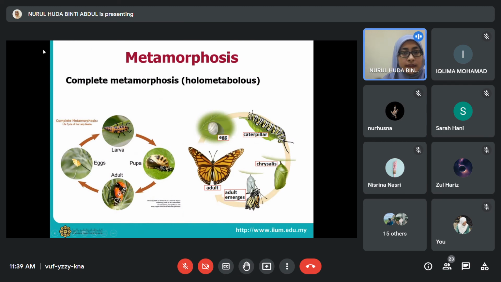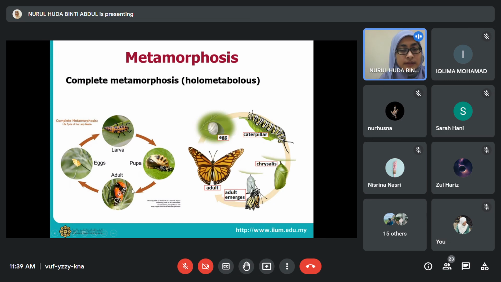Okay, so this ecdysis is actually important in metamorphosis of the insects. I'm sure that as a biology student, you already learned that there are complete and incomplete metamorphosis in insects. For complete metamorphosis, I think you should understand that they have 4 main stages: larvae, pupa, adult, and eggs.